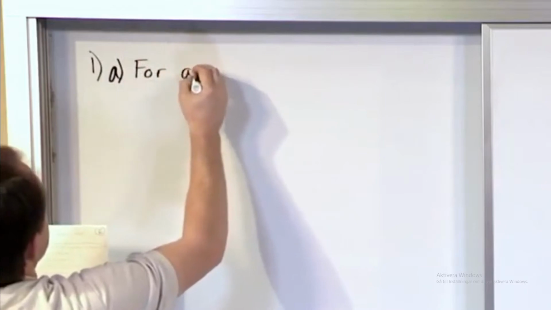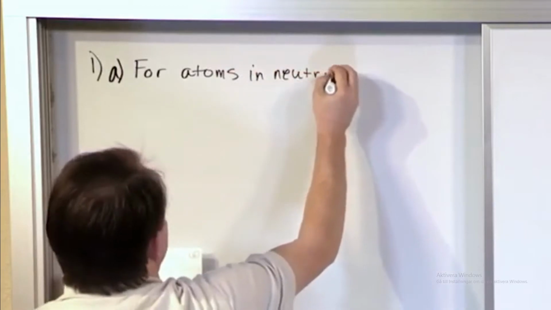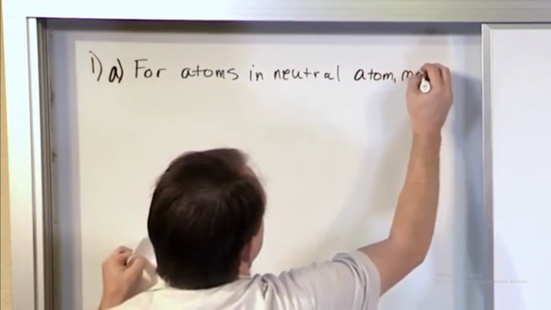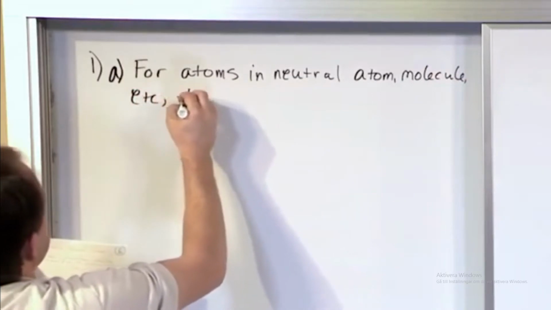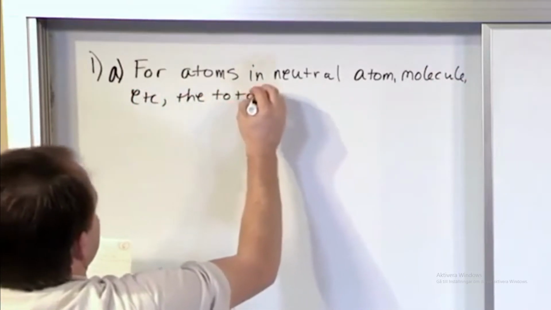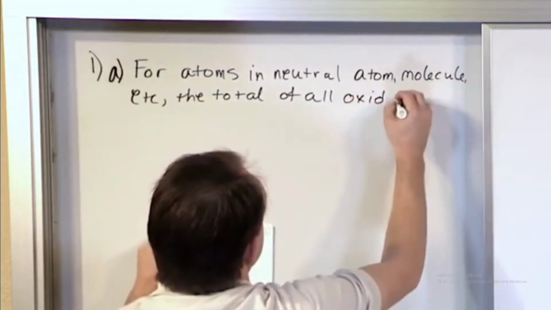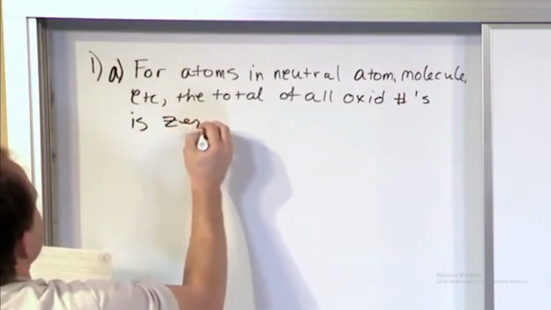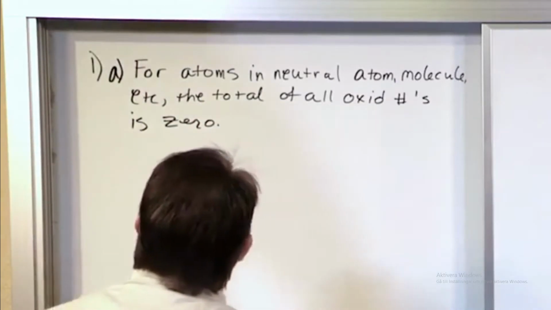For atoms in a neutral atom, molecule, etc., the total of all oxidation numbers is 0. I actually mentioned that to you a minute ago when we did sodium chloride. I said, when you add these things up, the oxidation numbers, when you sum them up, is 0, and that's all that this is saying.